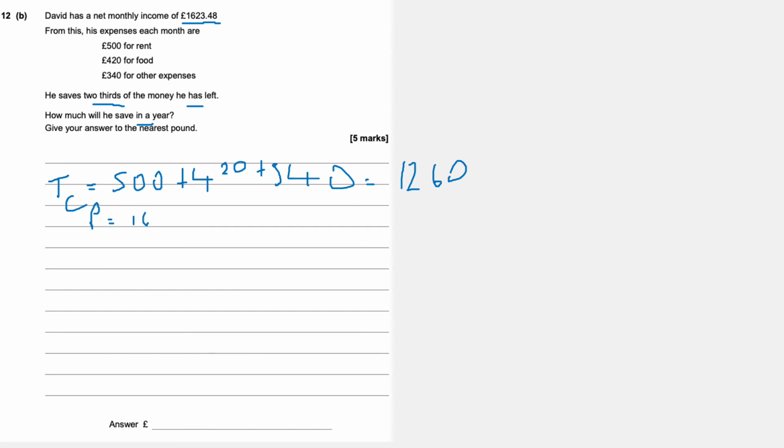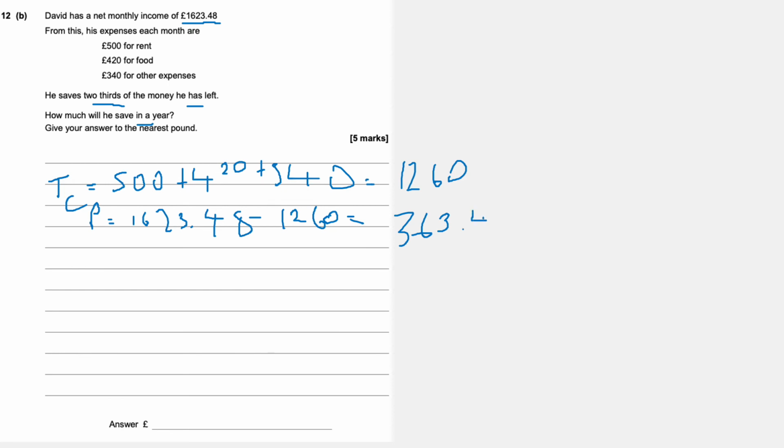So 1623.48 subtract 1,260, and we get £363.48.